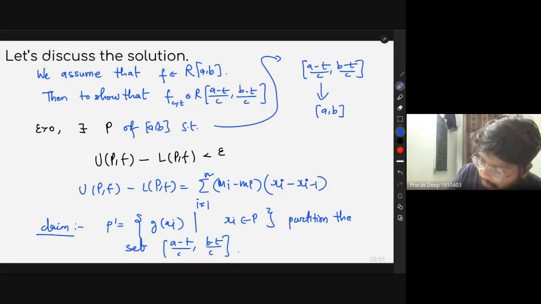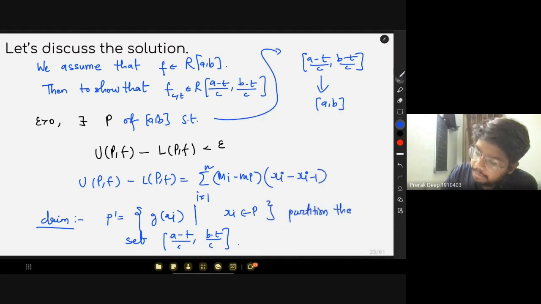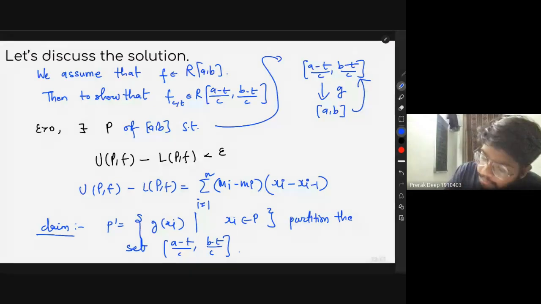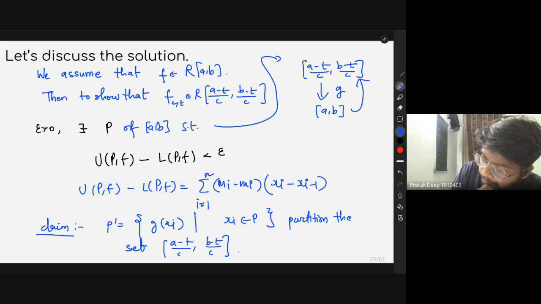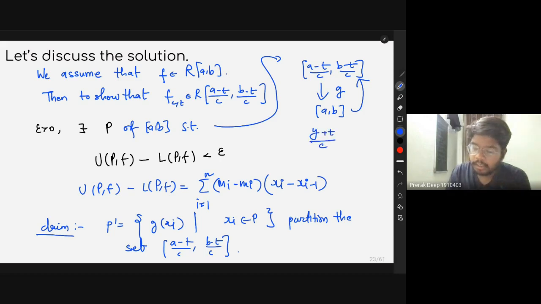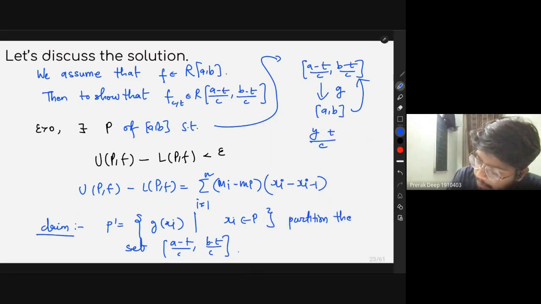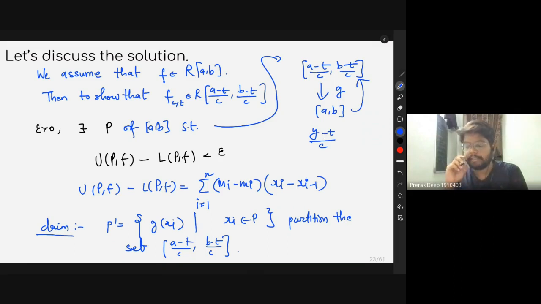So we have this map G. Now we need to think of a map which is the inverse of G. This inverse is simple, which is just y minus T by C. Sorry, it will be y minus T by C. So this will be the inverse map.